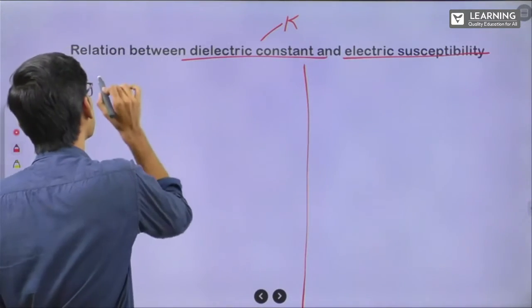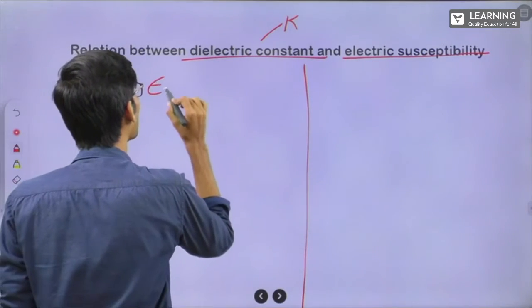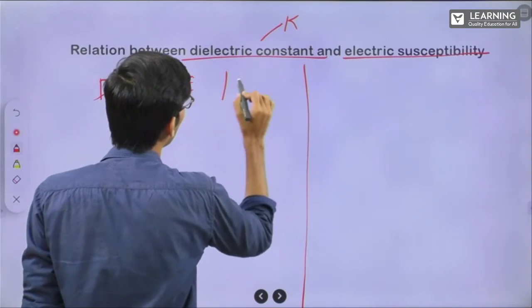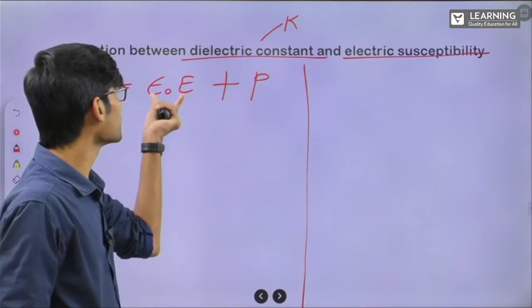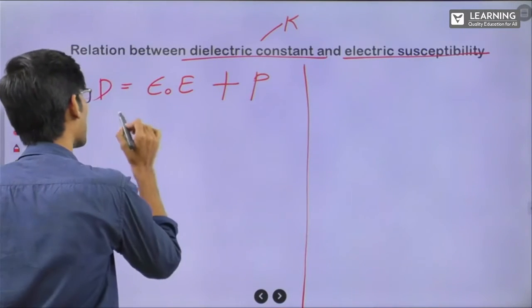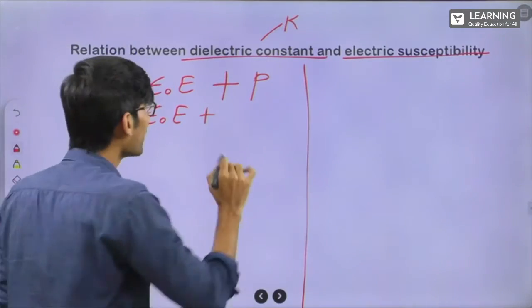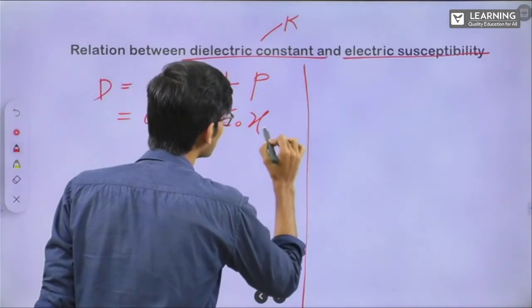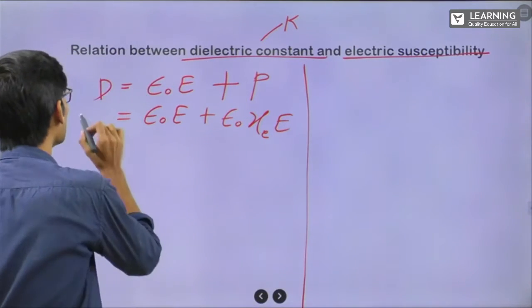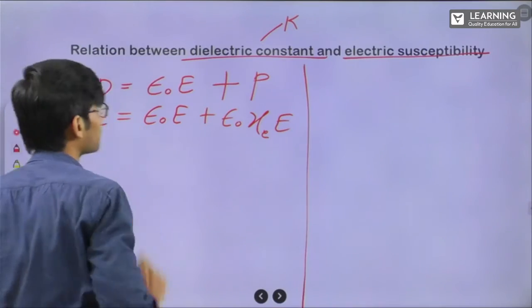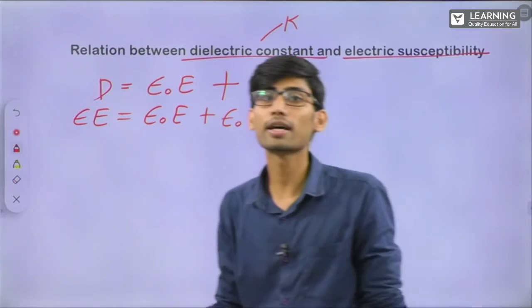Now electric displacement is equal to epsilon naught E plus polarization. Epsilon naught E plus polarization is epsilon naught into electric susceptibility into E, and this D is equal to epsilon E. Electric displacement is equal to epsilon E.